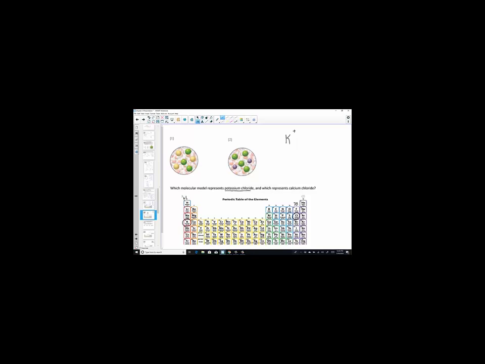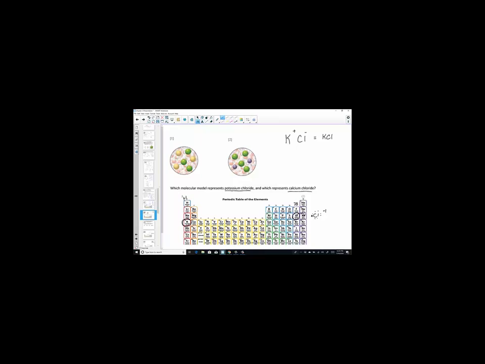It's in group 7A, 7 valence electrons, meaning it wants to gain one more, and when it does so, it becomes like argon, gaining an electron, -1, loss of an electron, +1. So our chemical formula between potassium and chloride is KCl.